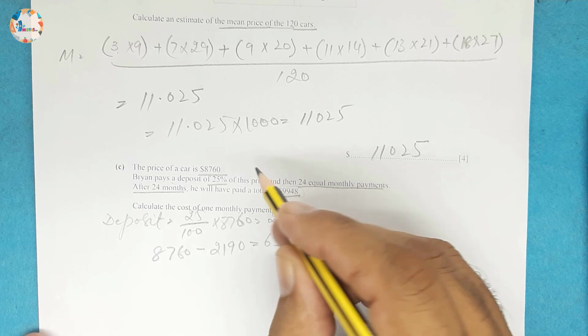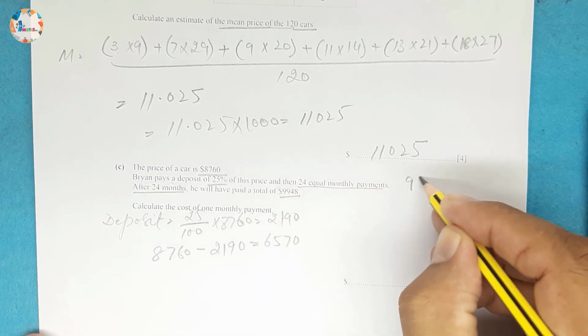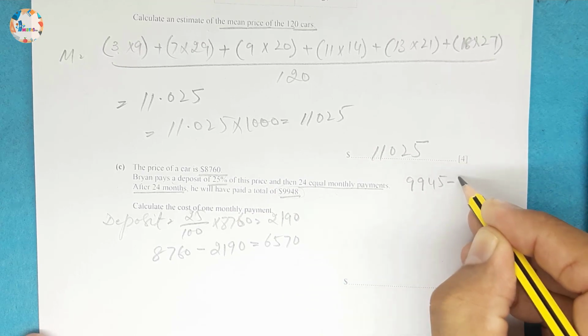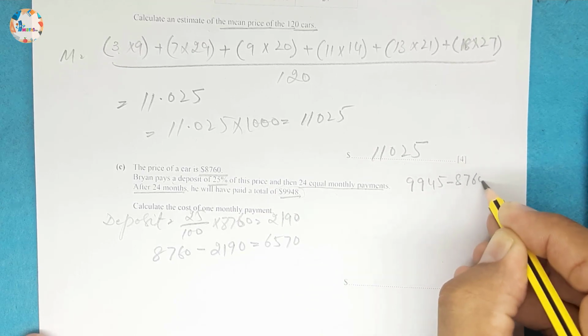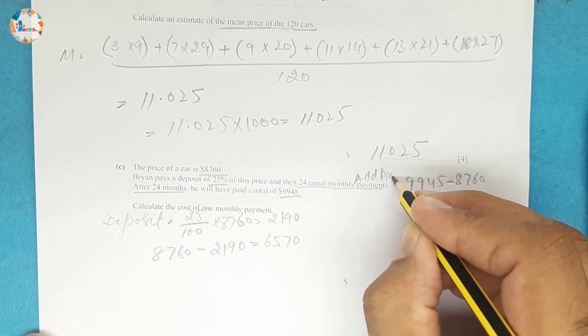Basically this minus this one will be how much, because they are paying an additional amount. So the added amount we will calculate.